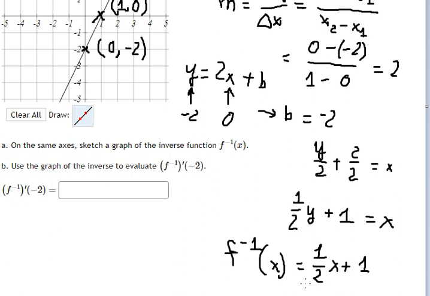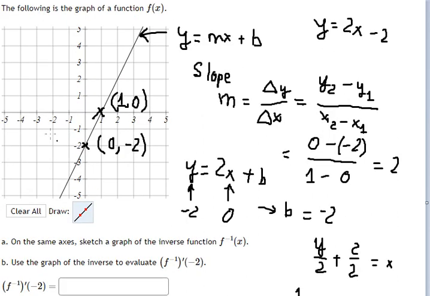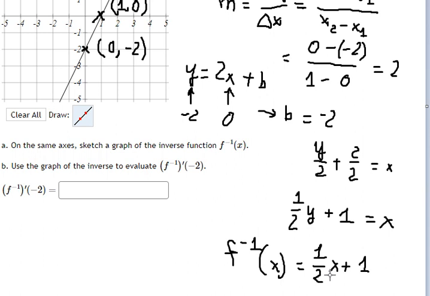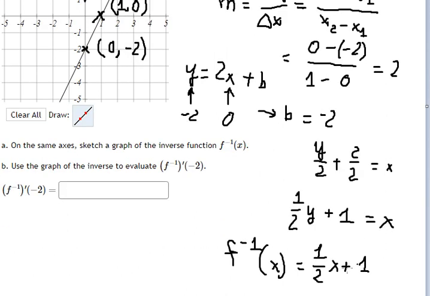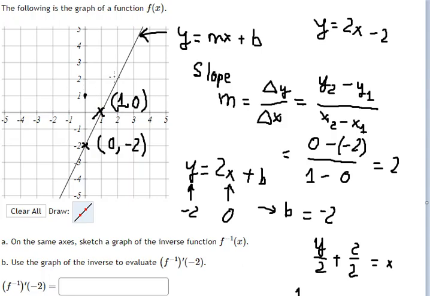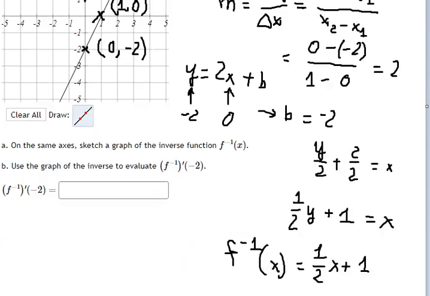Now, we need to graph this one. So, I select x equals 0, y equals 1. So that is 1 point in here. Then I select x equals 2. So when we calculate, you get 3. Oh, sorry, 2.